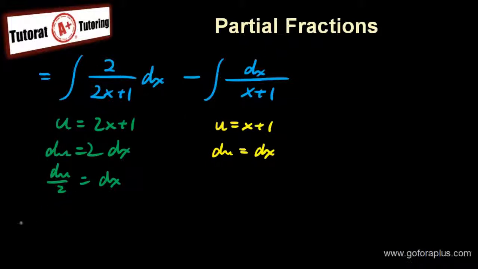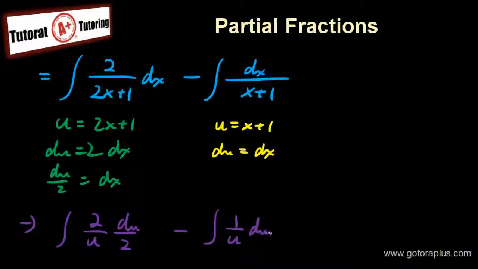Okay, so this is becoming integral of 2 over u, du over 2. And the second one here is subtract integral of 1 over u du. Now, evaluating this is ln, right?